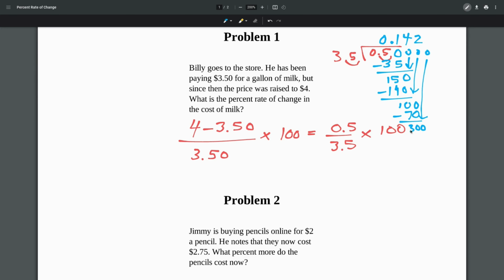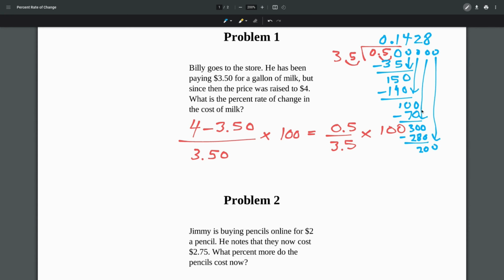And we get 300. 35 goes into 300. Let's see. It's going to go in 8 times. Okay, so 8 times 30 is 240, and 8 times 5 is 40, that brings me to 280. 300 minus 280 is 20. Bring down another 0.